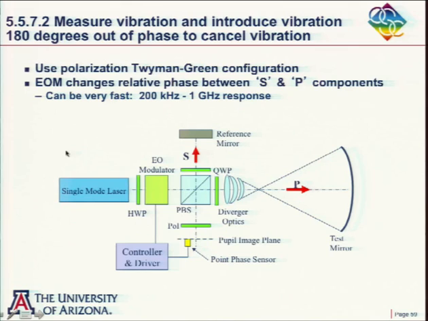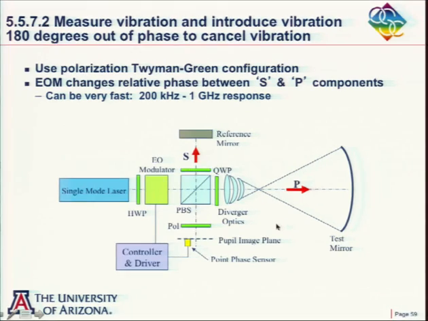And so one approach that we used was this approach here, and this particular system was made by a person by the name of John Hayes working for me. It's a complicated approach, but let's kind of look at what it is. So the idea here is that we're going to measure how much vibration we have, and then we're going to introduce some vibration to cancel it out.